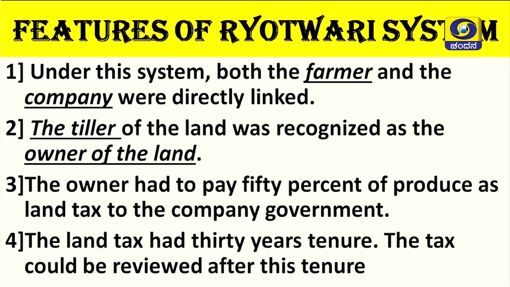Dear students, here are some features of the Rayatwari system. Under this system, the farmer and the Company were directly linked. There were no arbitrators, no mediators in this system. It was directly linked between the British East India Company and the farmers.